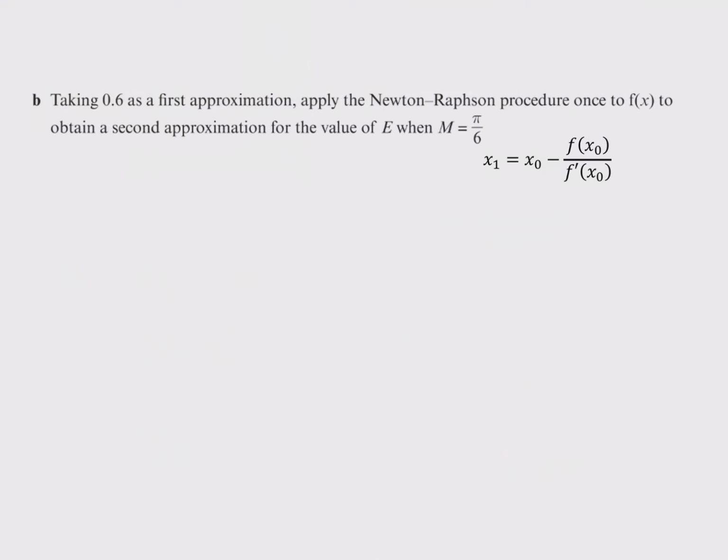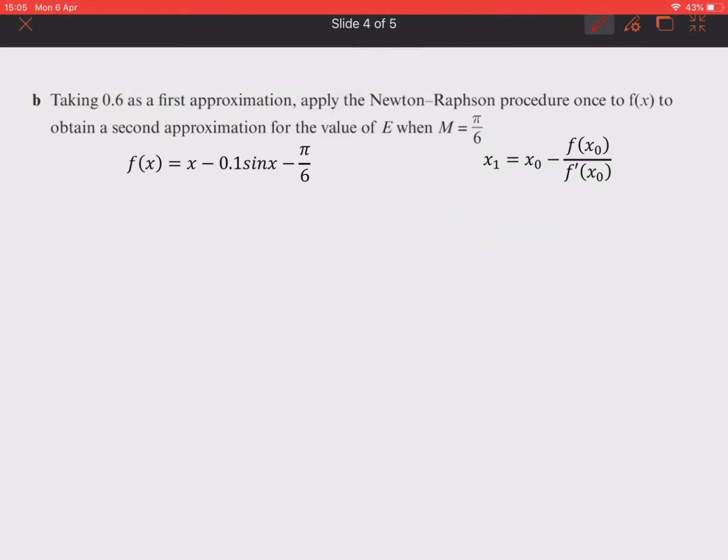There it is: x1 is x0, take f evaluated at x0 divided by the derivative of f evaluated at x0, and f of x is x take 0.1 sine x take pi by 6, as we've just seen before. So what I now need is the derivative in order to work with this formula.